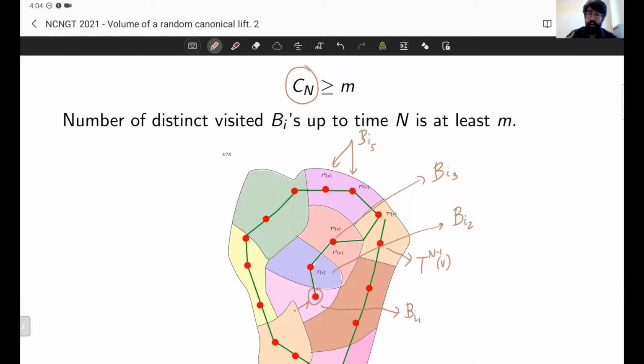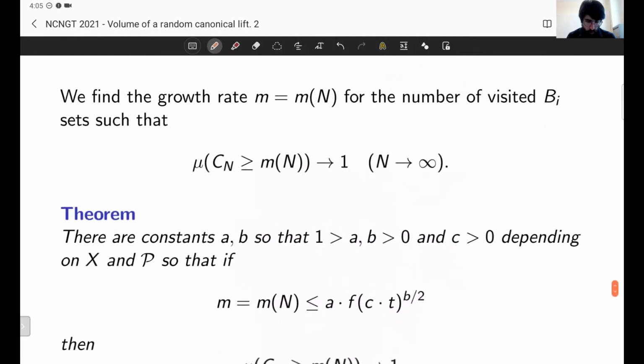And we would like to visit enough B_i sets, so that the number of distinct B_i sets is larger than some growth rate that we will call M. In fact, what we want to find is the growth rate M, depending on n, depending on the total length of this iteration, so that the probability, where this is mu, again, remember, the normalized Liouville measure in the unit tangent bundle, that the number of distinct visited sets is larger or equal to M, so that we visit at least M distinct B_i sets, goes to 1 as n goes to infinity.